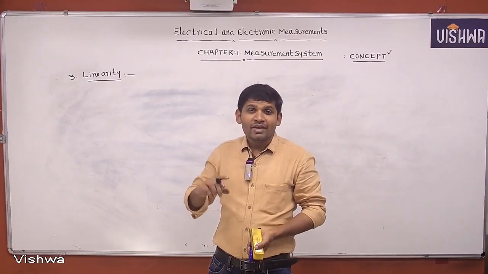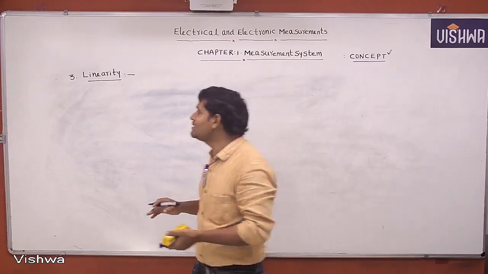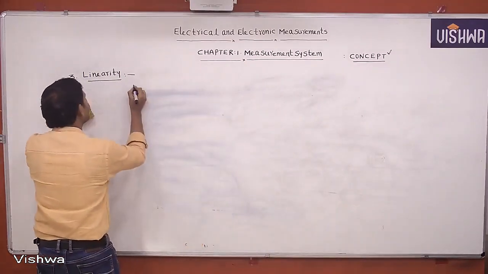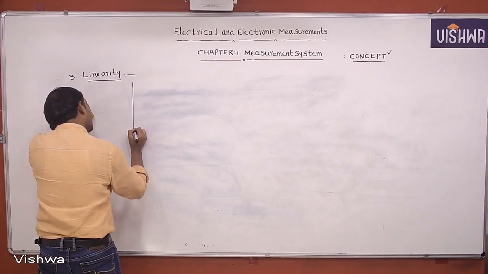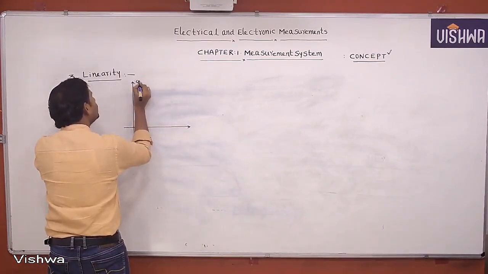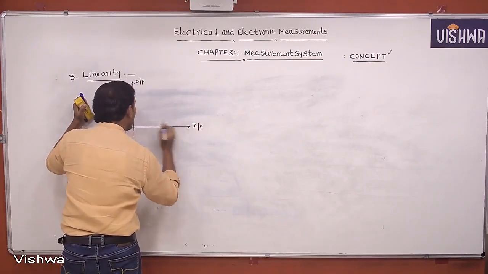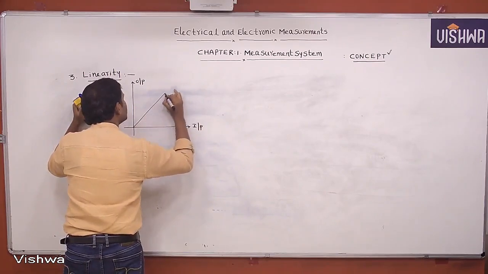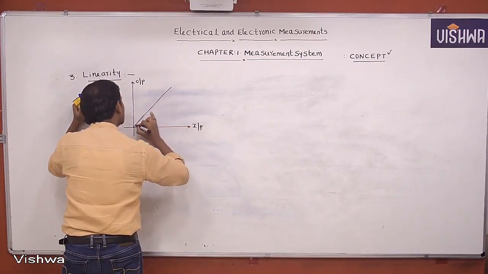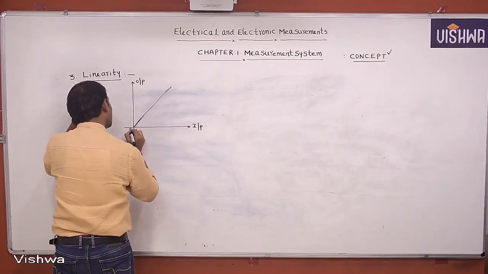Or, if you draw the characteristics between input and output in any instrument, and the input and output characteristics are linear, then we can say that instrument is linear.